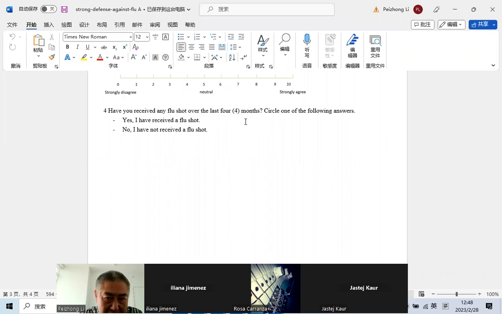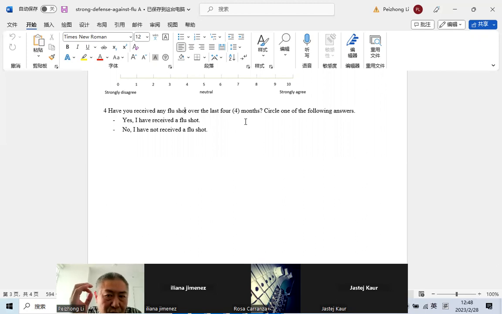According to the BAM theory, the self-observation theory, this behavior will determine your attitude, actually. So if I have been vaccinated, if I got the flu shot, I will have a positive attitude toward getting flu shots. And if I haven't done that, I will have a less positive attitude toward getting flu shots.